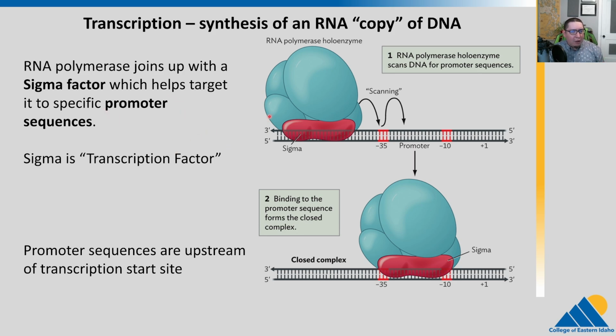So the sigma factor basically helps scan along until it finds these promoter sequences, and then it binds to that DNA. And it is upstream of what we call the gene, right? So upstream means its base is ahead of where the gene sequence is. So once the sigma factor finds these sequences, it helps bind the RNA polymerase.